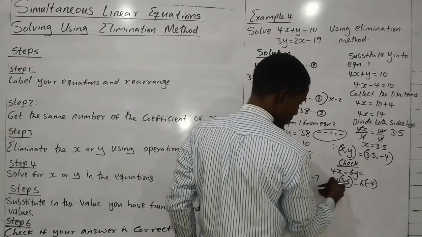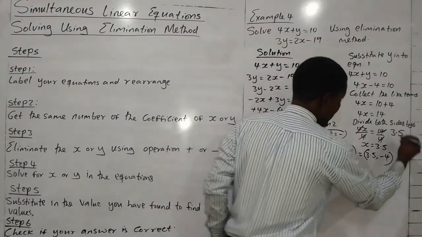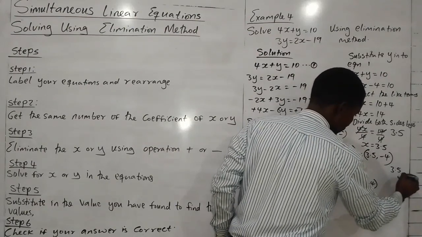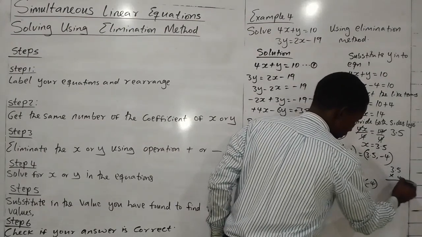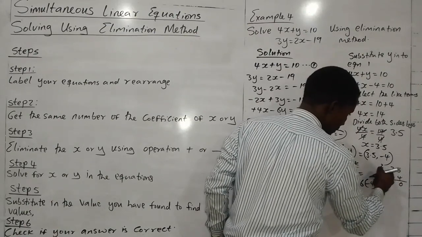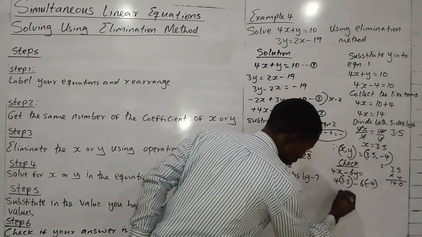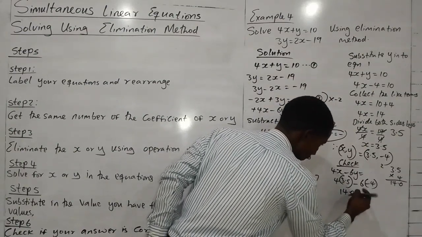So 4 times 3.5: this will give you 20, and 4 times 3 is 12, plus this gives you 14. So it will be 14.0.